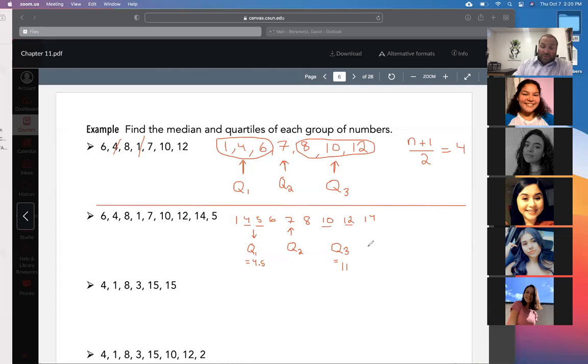That's halfway between 10 and 12. So we have that Q1 is 4.5 and Q3 is 11. Notice, by the way, that Q1 and Q3 are not actual data points. That's totally fine. All right, so let's do the next one.